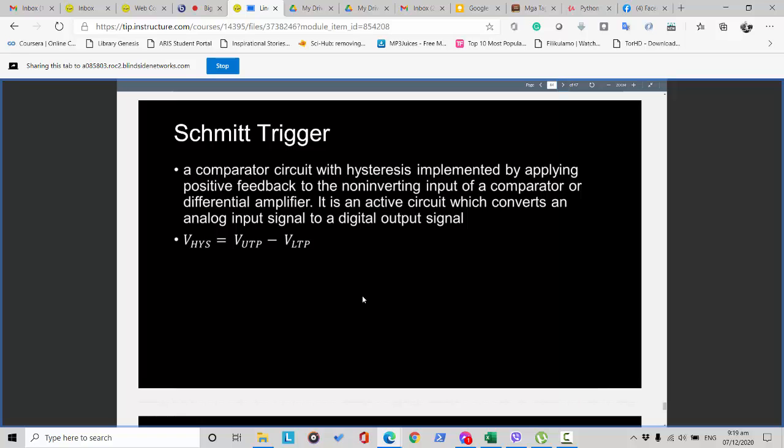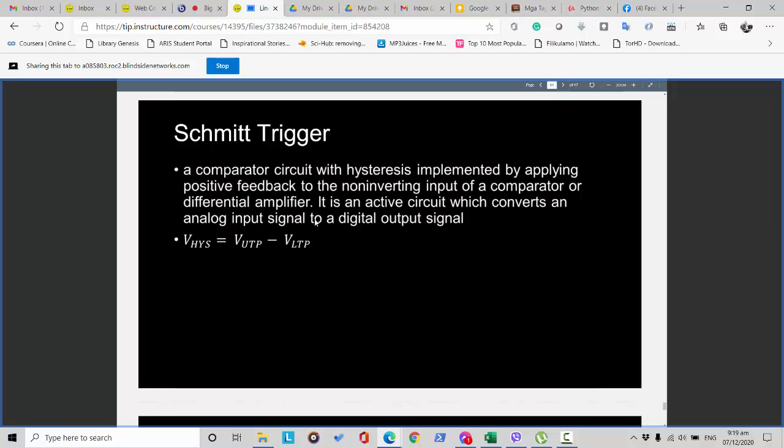This is a comparator circuit with hysteresis implemented by applying positive feedback to the non-inverting input of a comparator or differential amplifier. And it is an active circuit which converts an analog input signal to a digital output signal.